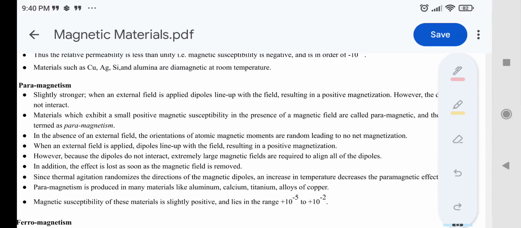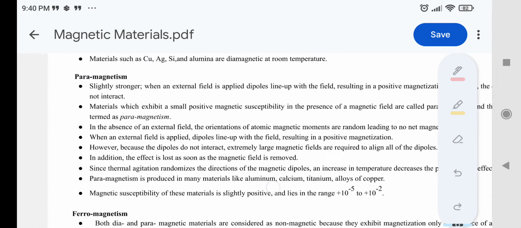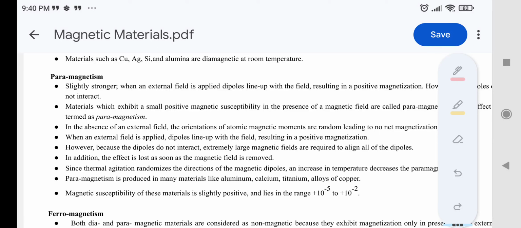Again, we have to say that extremely large magnetic fields are required to align all of these dipoles. So we don't recommend even paramagnetism.